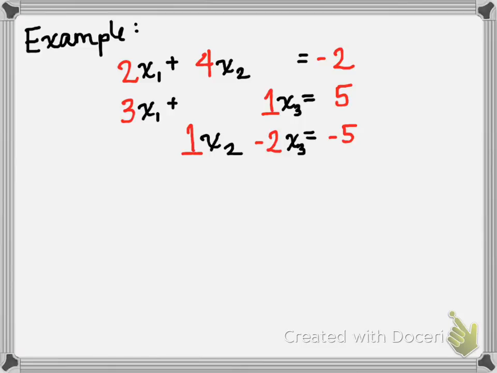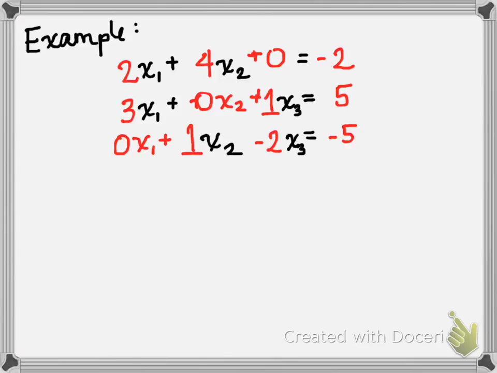You'll also see me make a placeholder for the x3, so sometimes I'll write a plus 0x3, or a placeholder for this x2 like a 0x2, and a placeholder for this x1 like a 0x1. We usually don't write those, but that doesn't mean that they're not important. We want to make sure we save a place for them.